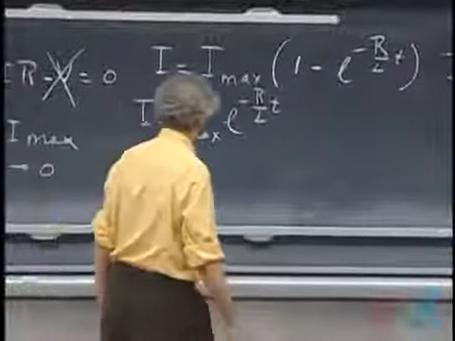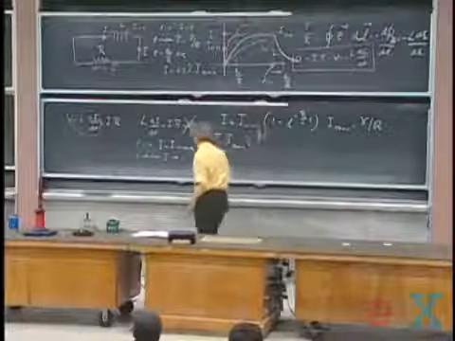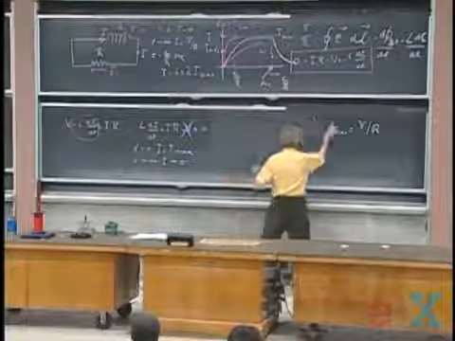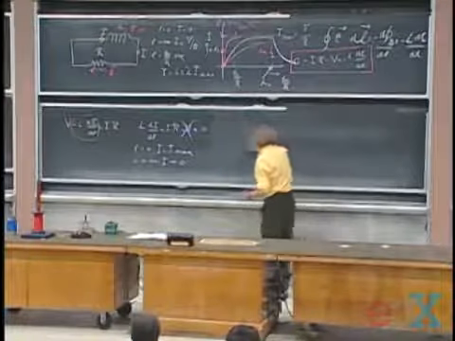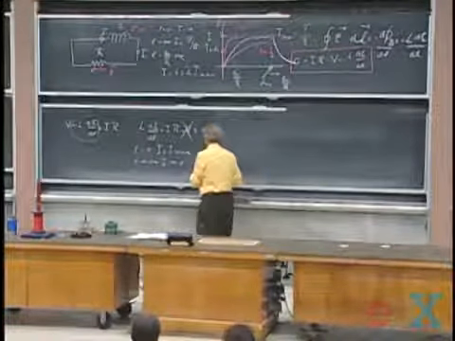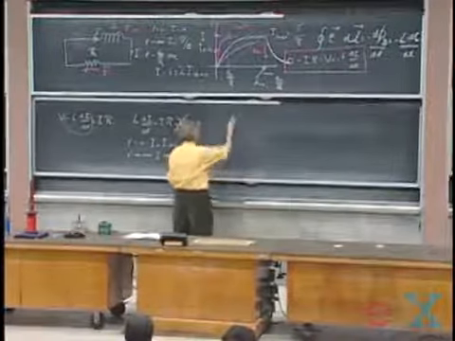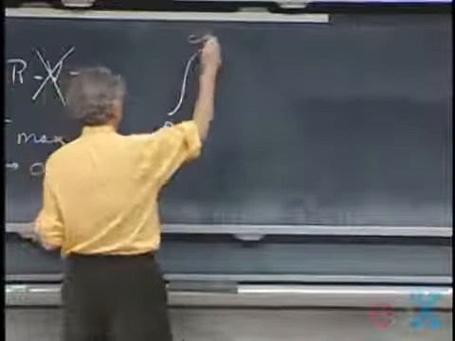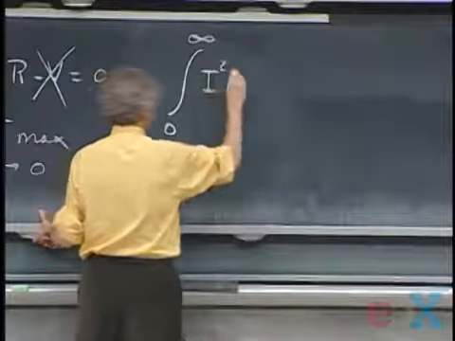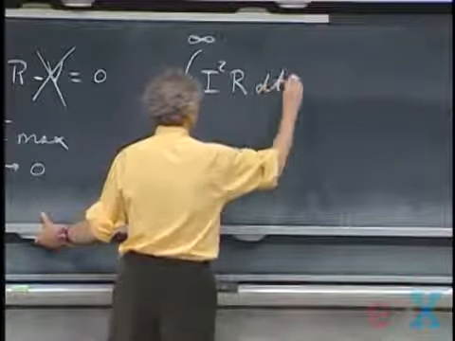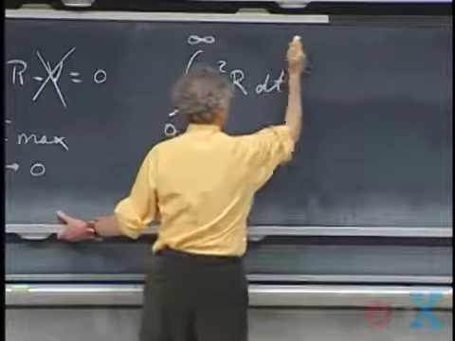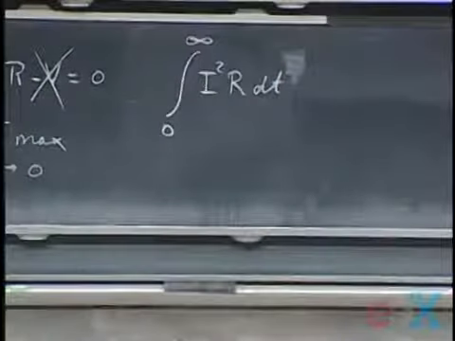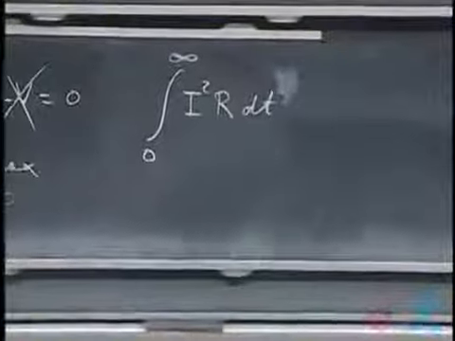I'll have to erase something. I will erase this part here. So at any moment in time, the current is producing heat in the resistor. And so if my voltage becomes zero at time t equals zero, then this is the amount of heat, no square here, I square R dt integrated from 0 to infinity is the total heat that is produced as the current dies out.